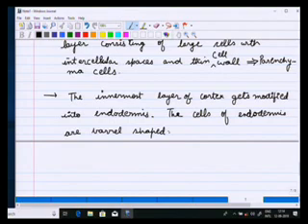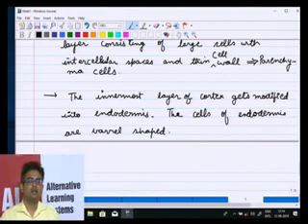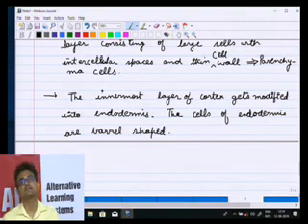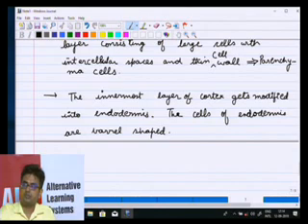Also there is a unique thing here. The endodermal cells contain deposits of cork in the form of Casparian strips. Does everybody understand what Casparian strip is? Yes or no?